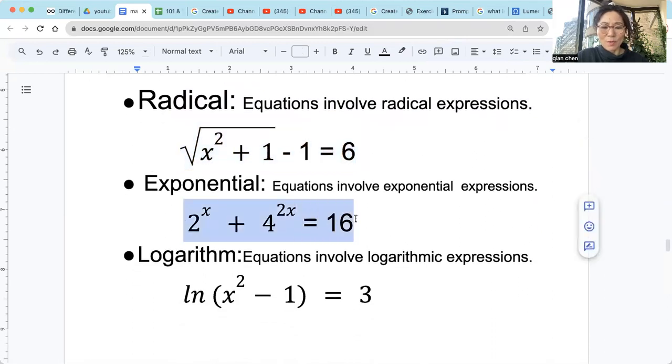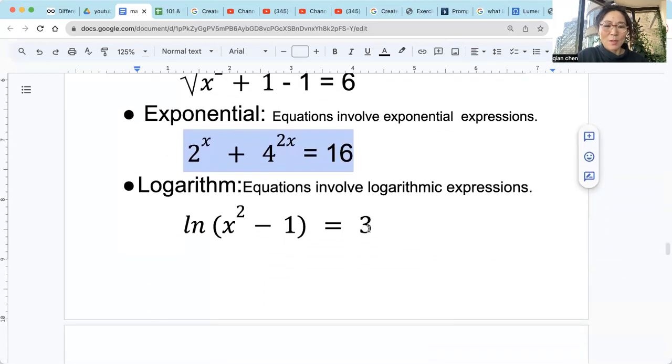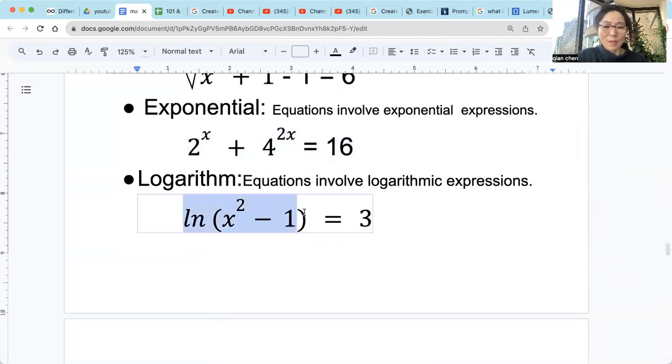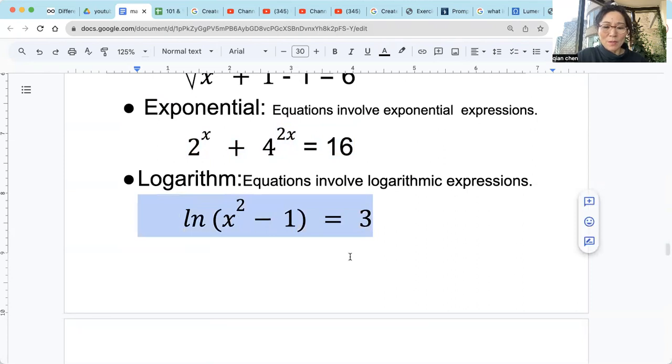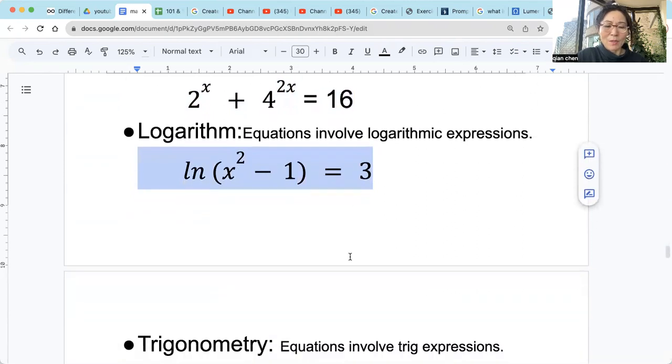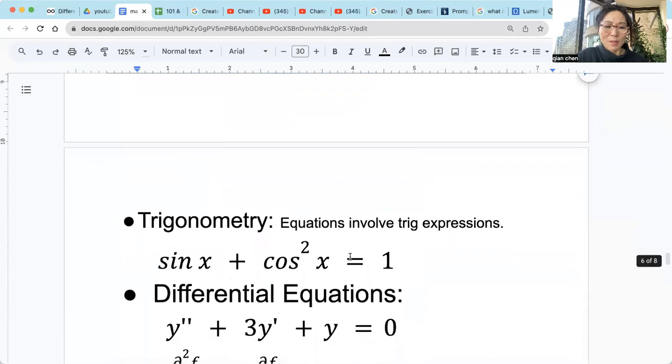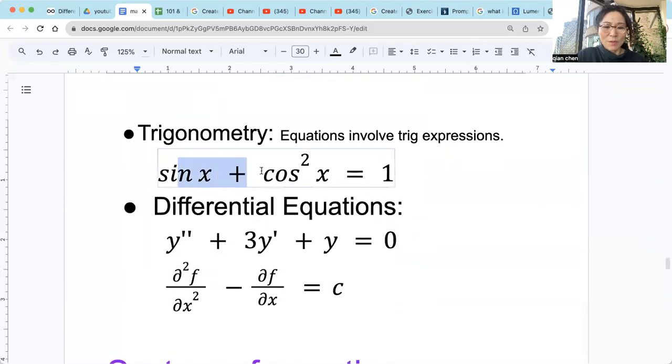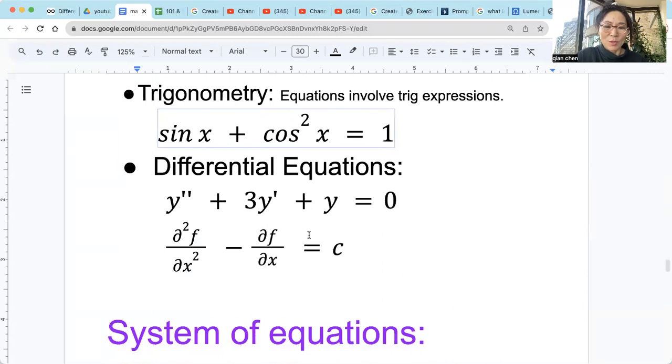Exponential equations, right? Exponential expressions with an equal sign, with some other expressions, make exponential equations. Similarly, for logs, right? If we see an equal sign and we see log expressions in it, that makes a log equation. Same thing for trigonometry equations, we see trigonometry expressions with an equal sign, then that makes trigonometry equations.